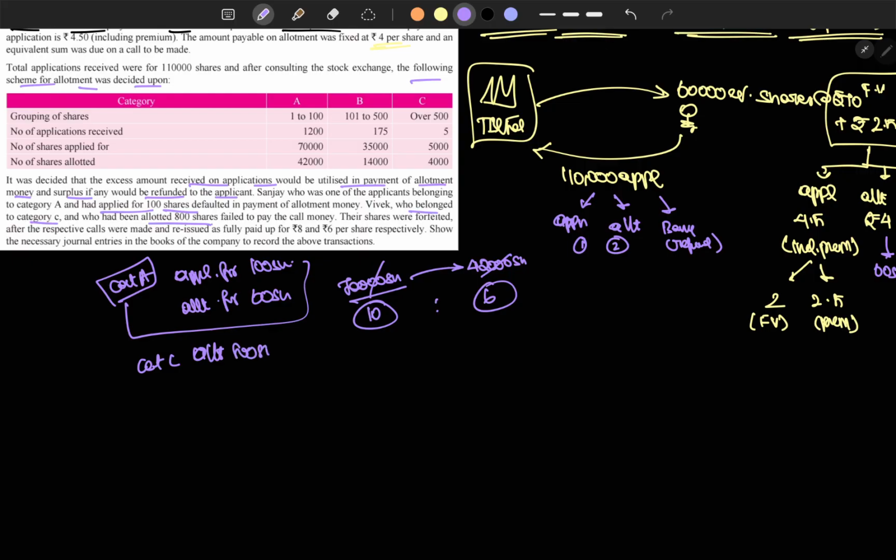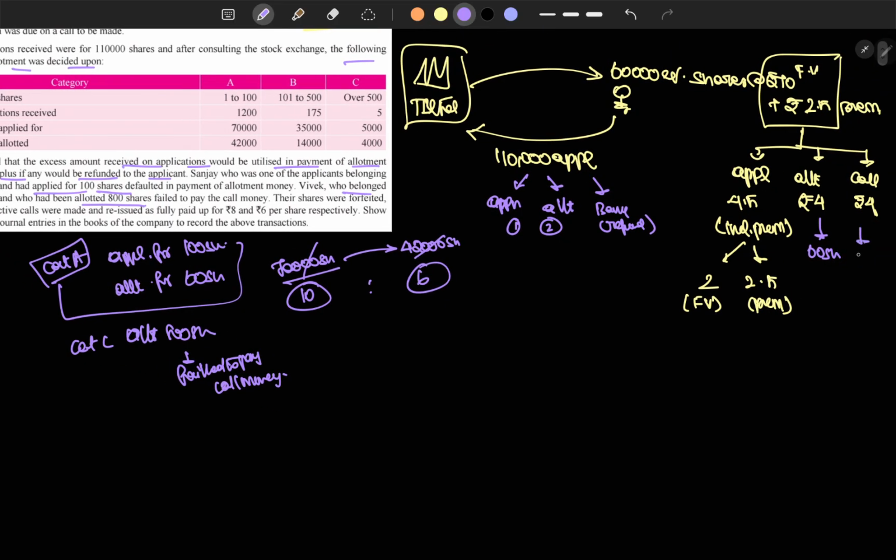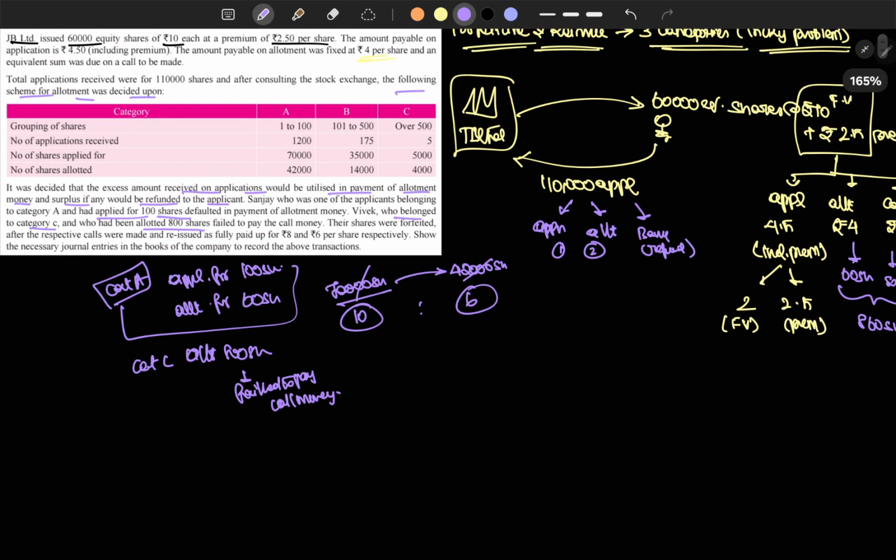He failed to pay call money, so the 800 shares have been entirely forfeited. So 860 shares have been forfeited.